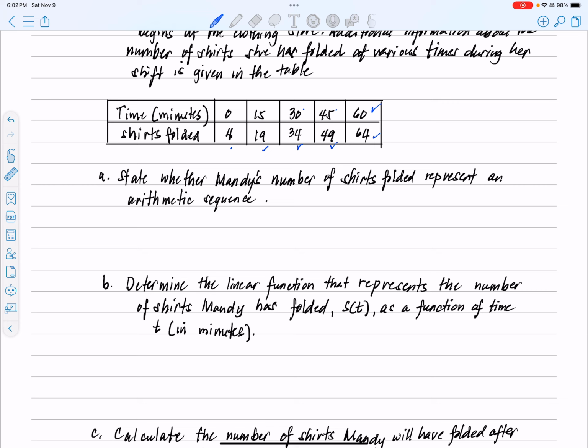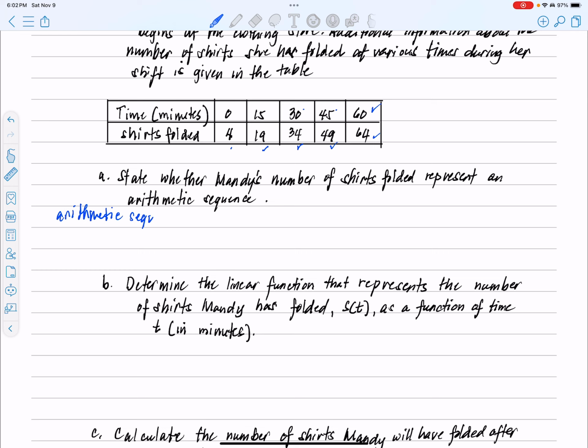Okay. So an arithmetic sequence, remember, will have a constant rate of change. Arithmetic, we have to consider that and look at the situation in arithmetic sequence.